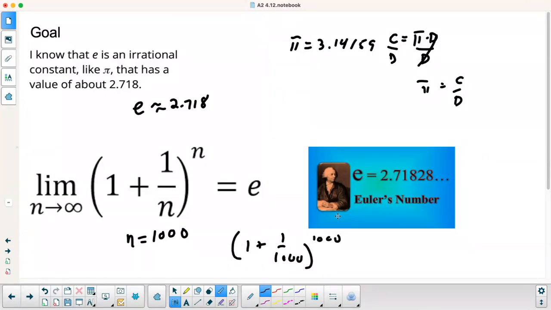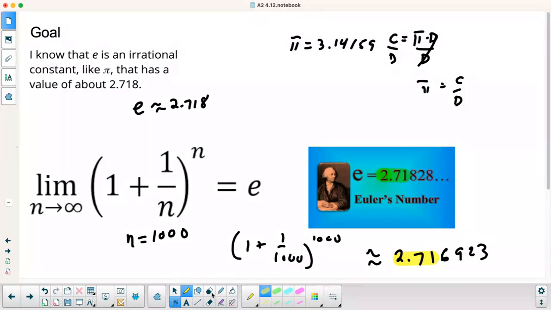I'm going to type that into my calculator: 1 plus 1/1000th, and then I raise it to the 1,000th, and I get 2.716923. As you look here, we got the first 3 digits pretty accurate, but then these were a little bit off. So you'd have to keep picking bigger numbers for n.